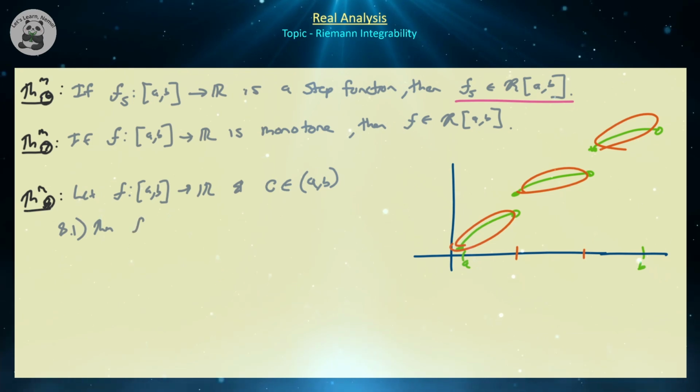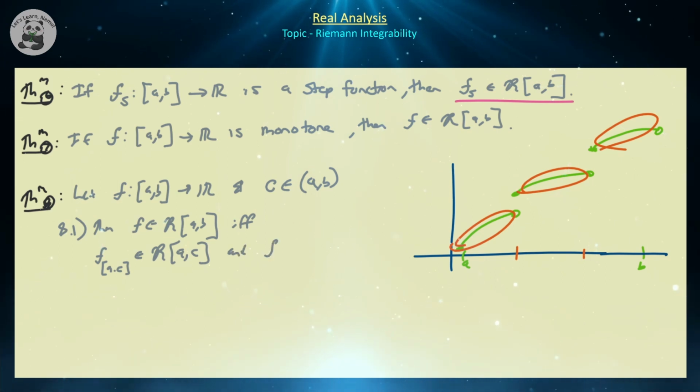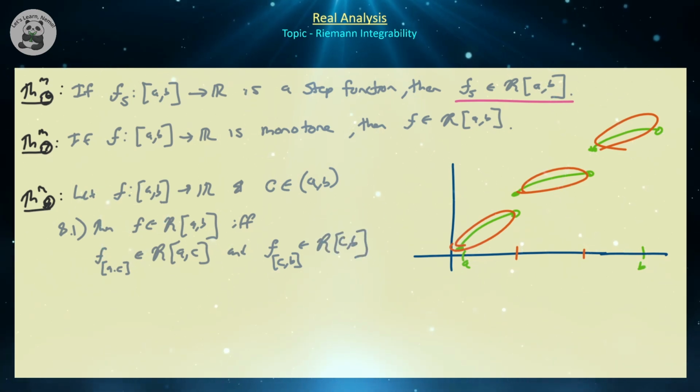Then the function f is Riemann integrable on the interval AB if and only if the restriction of f on the interval AC is Riemann integrable on AC, and f restricted on the interval CB is Riemann integrable on the interval CB. So if we take this same exact picture, this function on AB is Riemann integrable if and only if the subpieces on each of those intervals is also Riemann integrable, right?